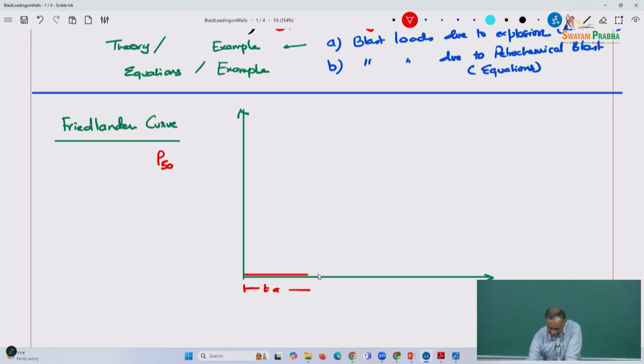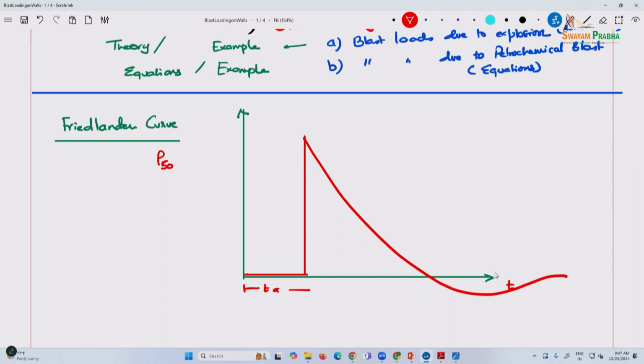There is a rise, and the rise time is often quite minimal, so the line is almost straight, on the order of 1/10 or 1/100th of the total duration of the load itself. Then you have an exponential curve that goes something like this. From the arrival time TA to here is your TD, the positive duration.